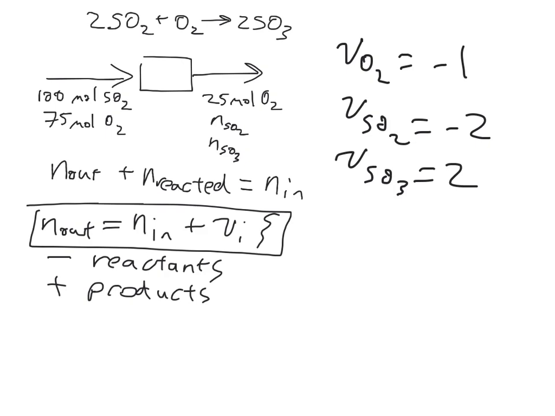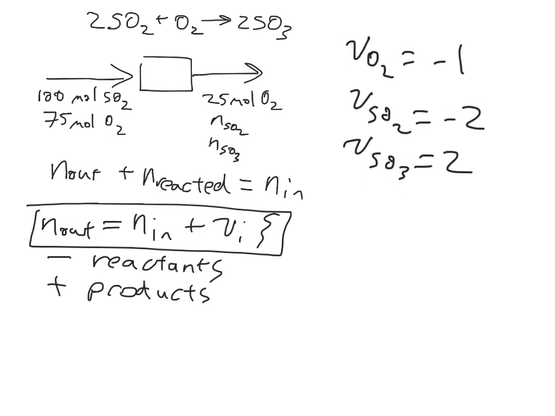This also illustrates why, when balancing reactions, it's often useful to use whole numbers. We don't have to; we can use fractions, and in the end that will just scale what the extent is, but oftentimes it's easier to work with whole numbers.